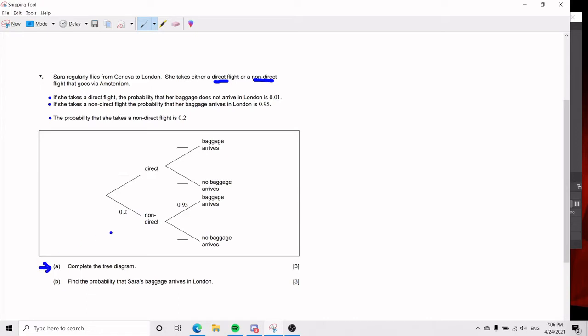Now, before we go fully into the tree diagram, I want to talk a little bit about what tree diagrams are and what they represent. Whenever you have a tree diagram, these are showing you different possibilities for a set of events, right? In this scenario, we have whether she takes a direct flight or an indirect flight.